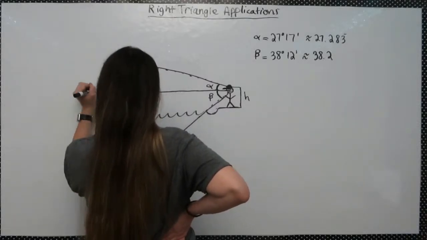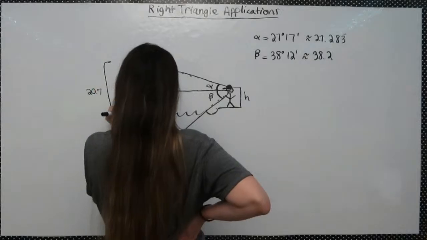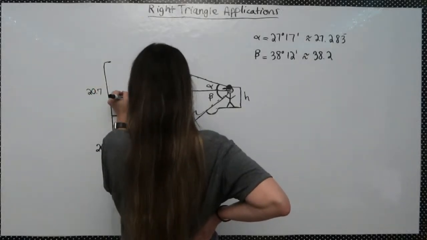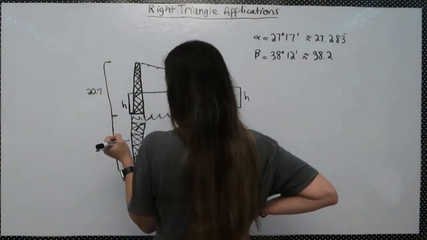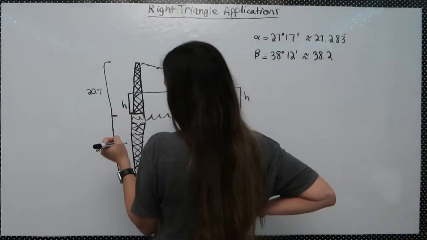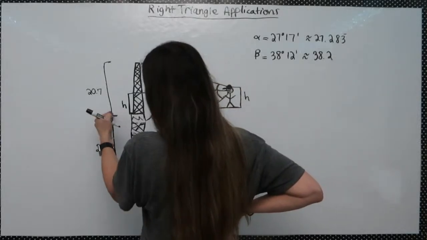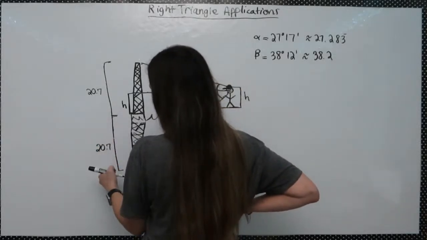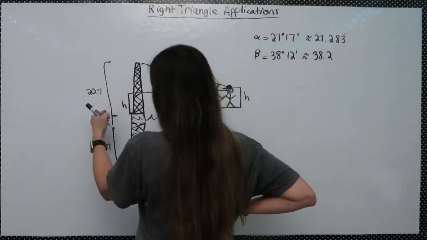And then I have this person's height in here. And notice that there's more length down here than there is up here.